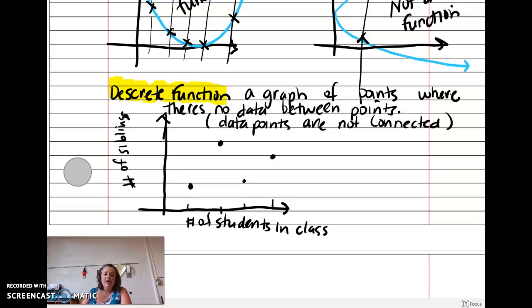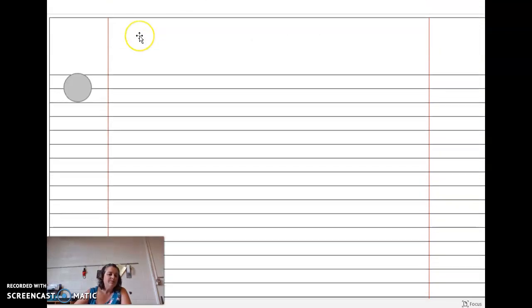I put them on the graph like this, but I'm not going to connect the dots, because I can't have half of a student. It doesn't make sense. Same thing with siblings. You can't have half of a sibling. So I'm not going to connect the dots on this one. It just shows a visual representation of how many siblings each student had in class.